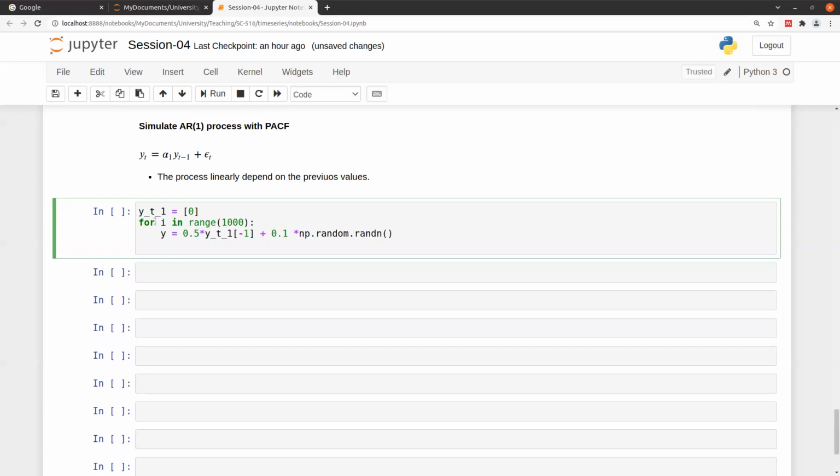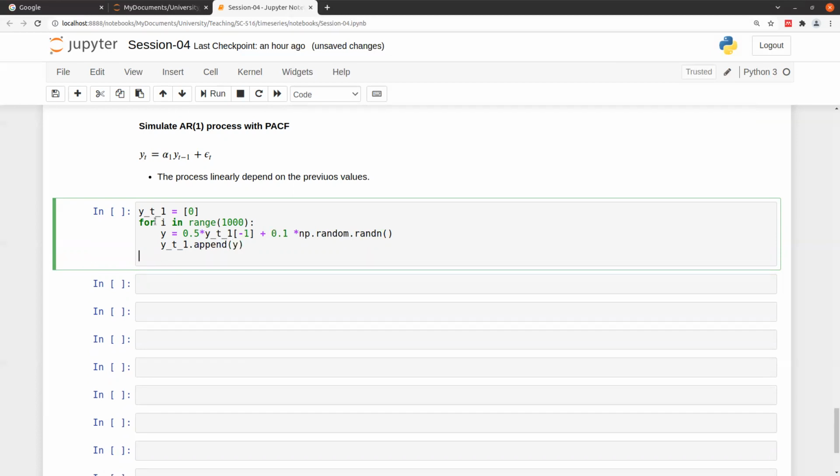Then we have to store these values in the array y underscore t underscore 1, appending y. Then I'm converting it to a numpy array.